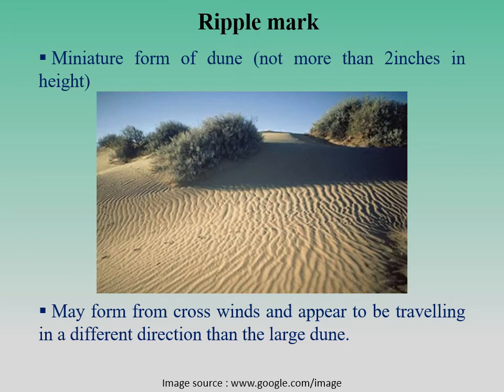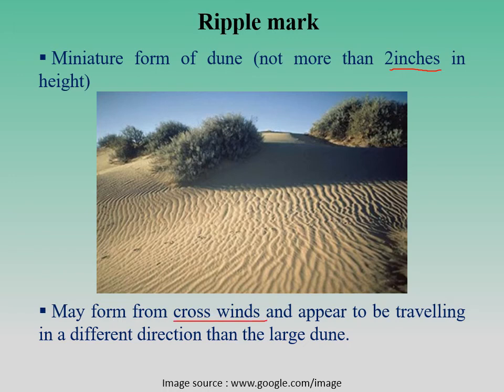Many of the ripples or ripple marks are formed in the Aeolian condition due to crosswinds, that is, not due to the prevailing wind, which is the major wind flow direction, but due to minor wind flow moving from a different direction.